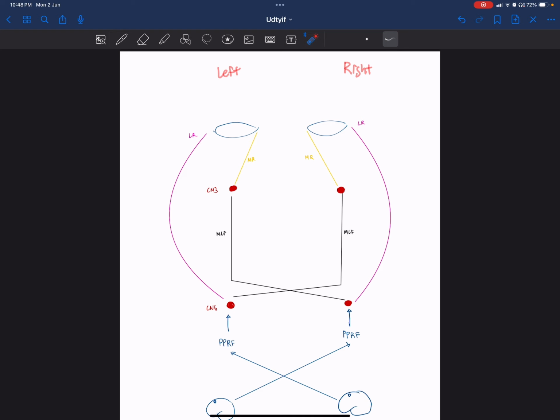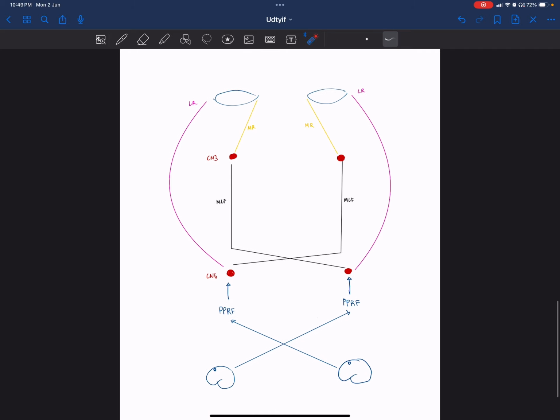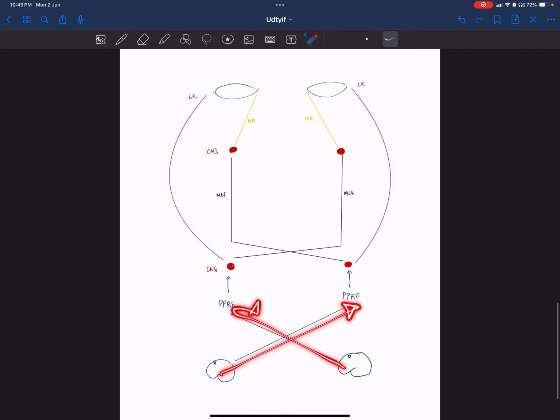Now, one famous thing that we studied in anatomy, and that we always see in the brain stem cross sections, is the medial longitudinal fasciculus. This MLF, medial longitudinal fasciculus, carries your internuclear fibers. Here also it was crossing over.